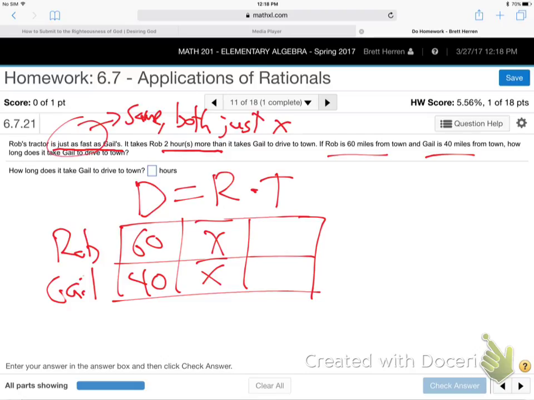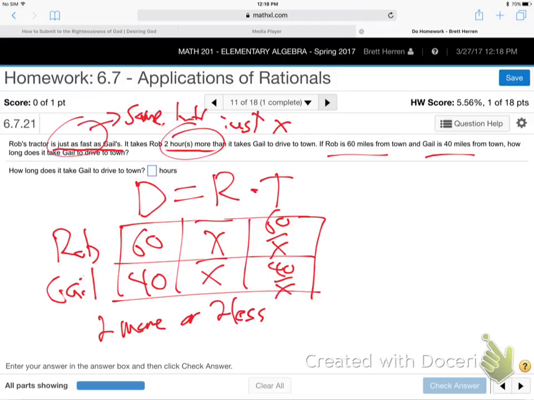So when they say 2 more, remember on the last problem they said 2 less? Whenever they're comparing 2 things, oh, here, I forgot to get these boxes here, 60 over x, 40 over x. So whenever they say 2 more or 2 less, it's the same thing. It means the bigger minus the smaller equals 2, doesn't it?